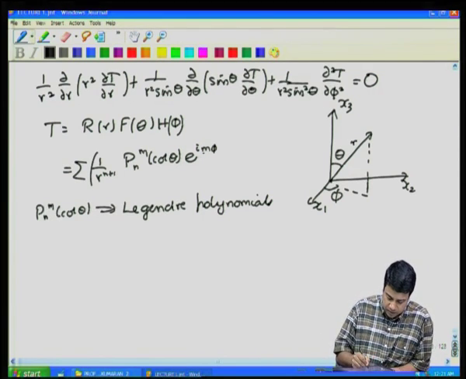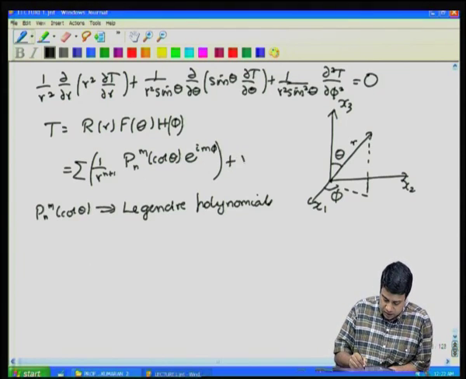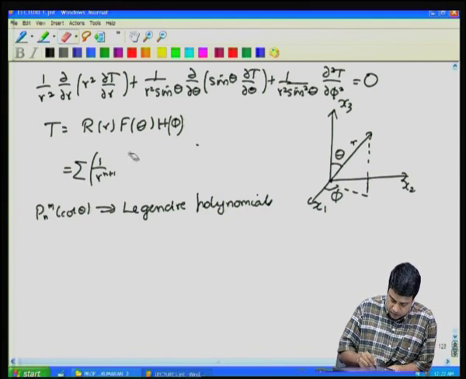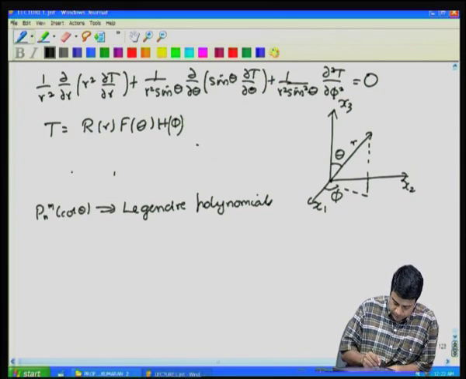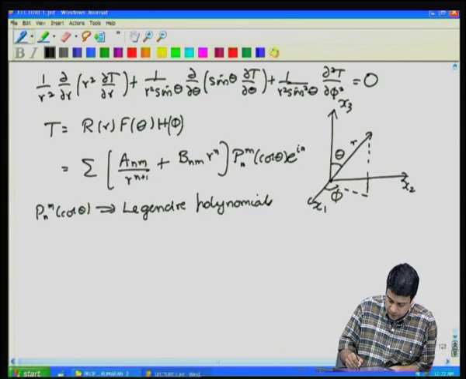So, this was 1 by r power n plus 1 P n m of cos theta e power i m phi, plus the second was r power n. Let me just write the general solution: A n m by r power n plus 1 plus B n m r power n, times P n m of cos theta e power i m phi.